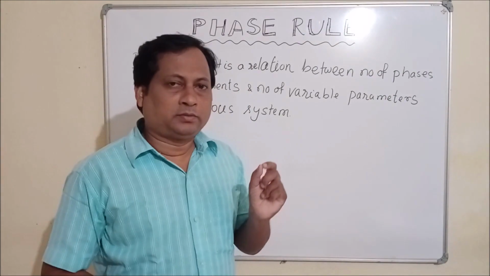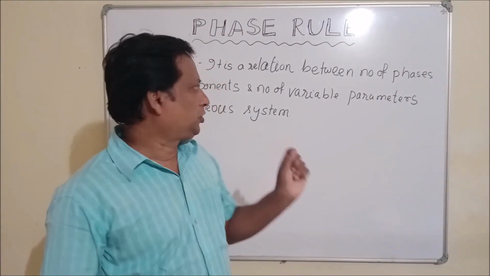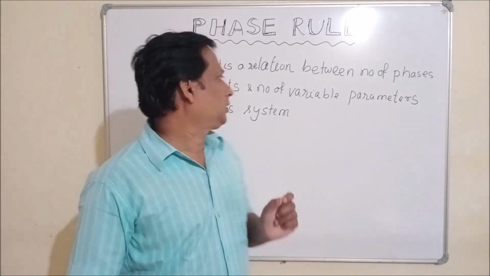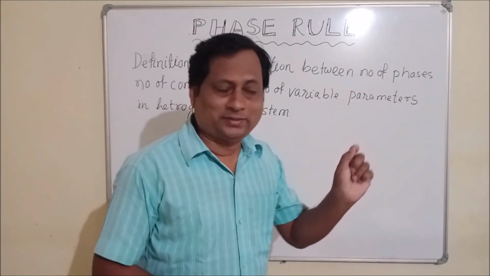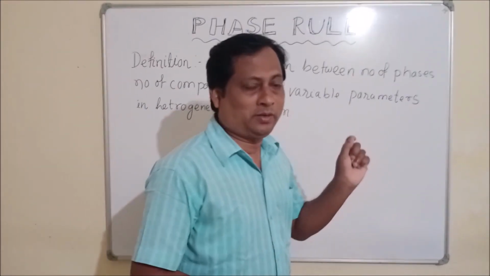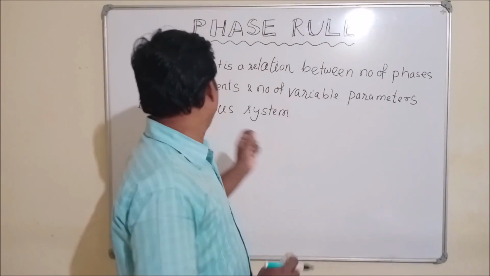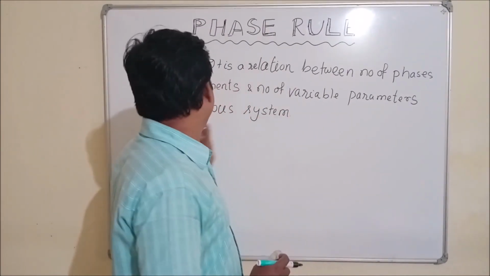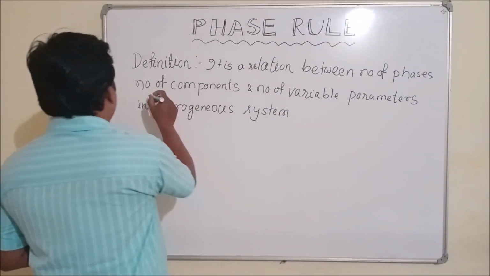So phase rule is a relation between the number of phases, number of components, and number of variable parameters in a heterogeneous system.